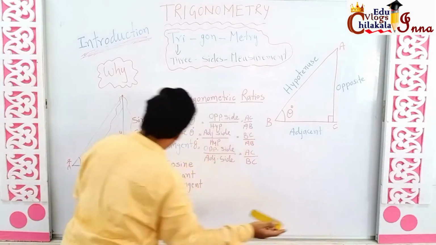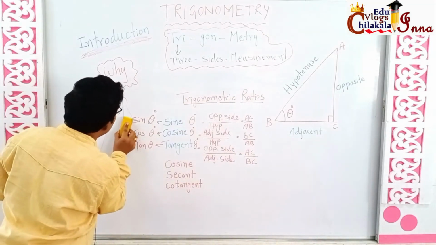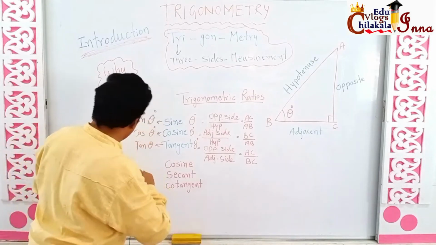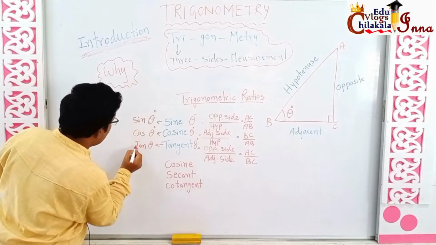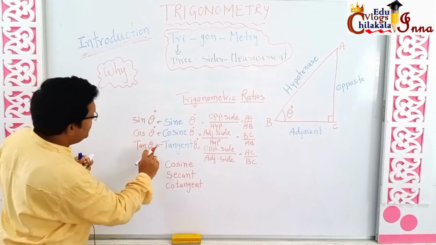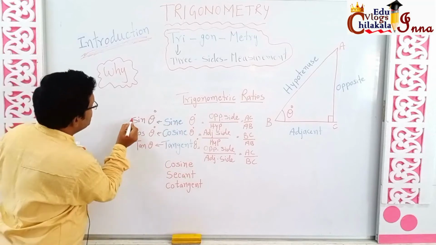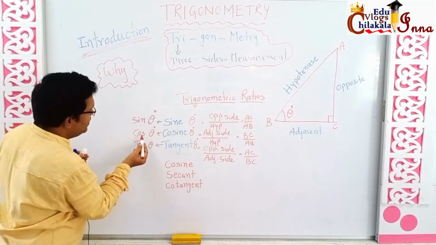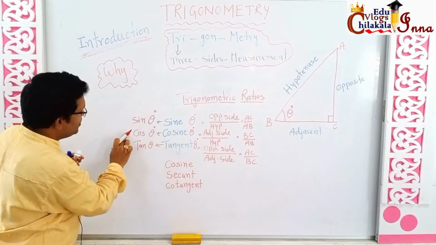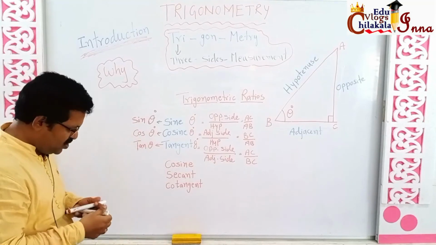So let me rub out my Mount Everest for you. This is cosine. This is a tan. Here I wrote little full forms so that you should know. This is a sine, this is a cosine, this is a tan. So sine theta, cos theta, tan theta. Very good. So this much you know it.